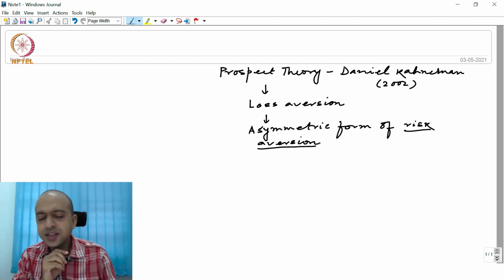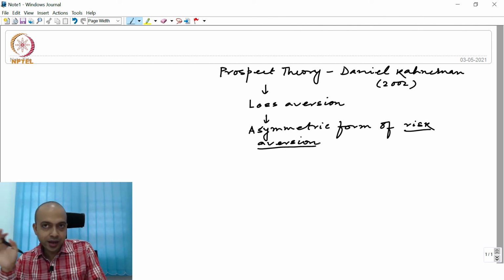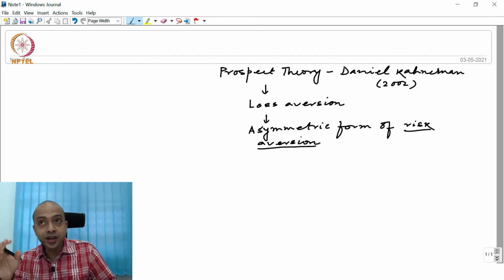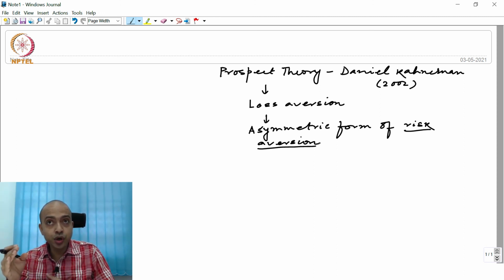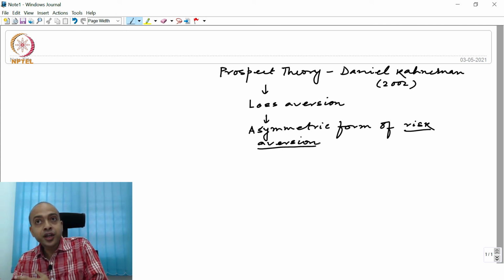Why is this called an asymmetric form of risk aversion? When the individuals are subject to a potential gain and a potential loss, their type of risk aversion is different. For example, when the individuals are subject to a potential gain, they become risk averse.